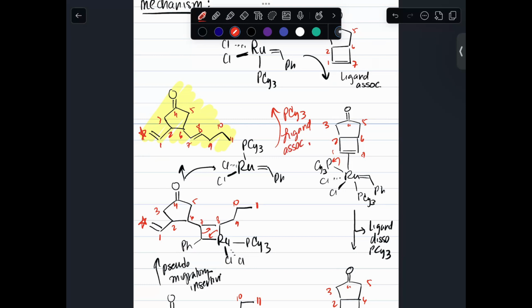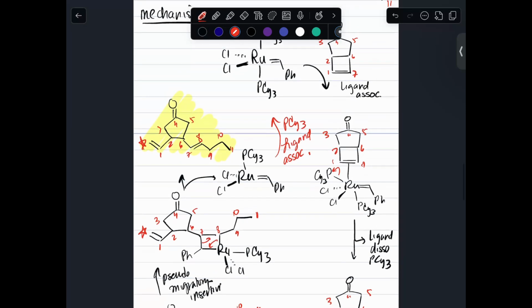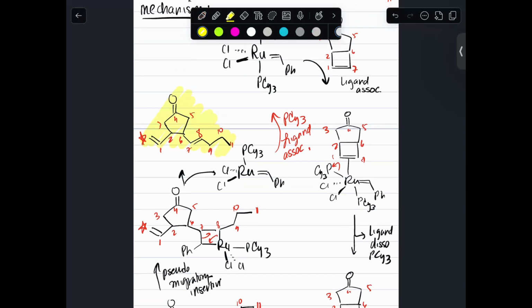Okay? Really clever. Please notice that because this is a symmetrical molecule, the long chain could have been added to the other side. Perfectly fine. And the star carbon could have been added to the right side.